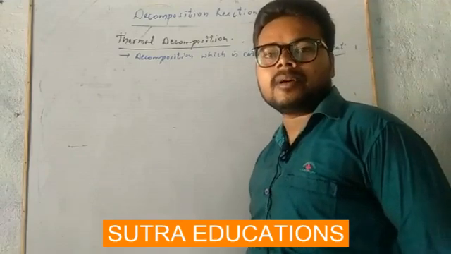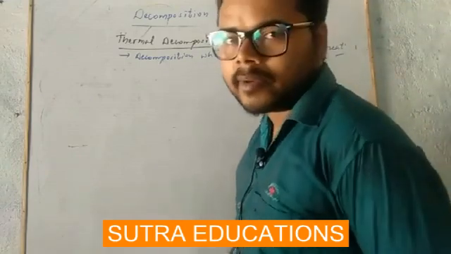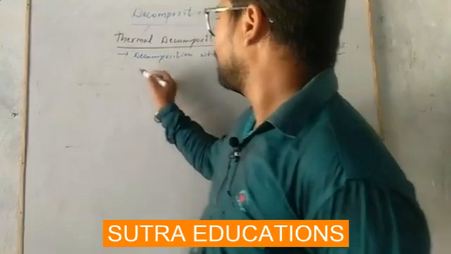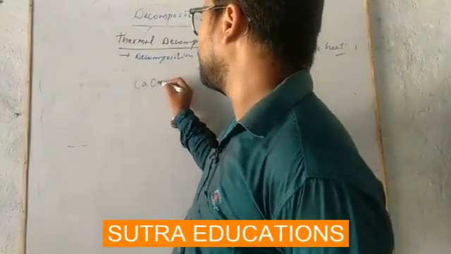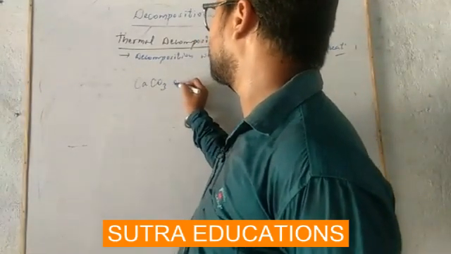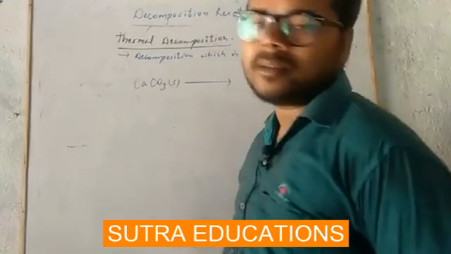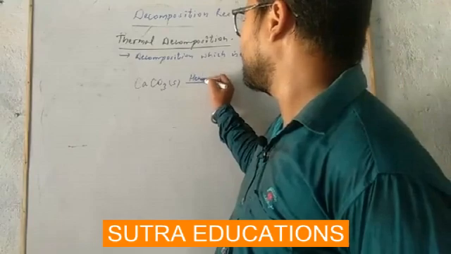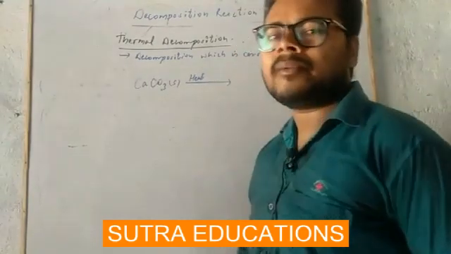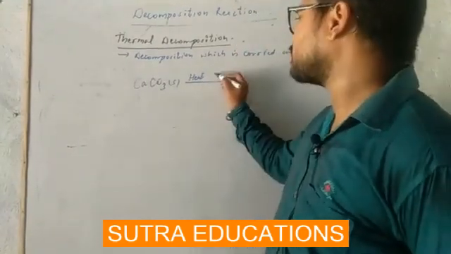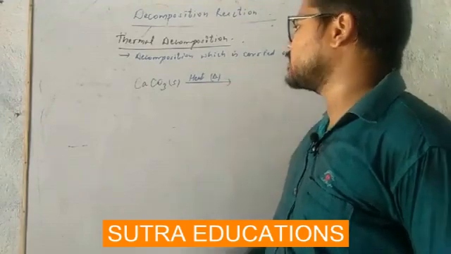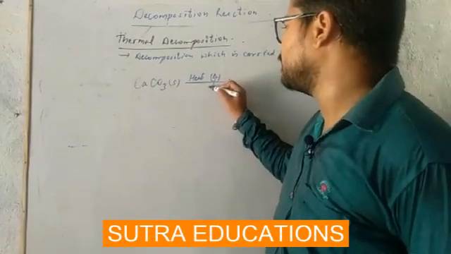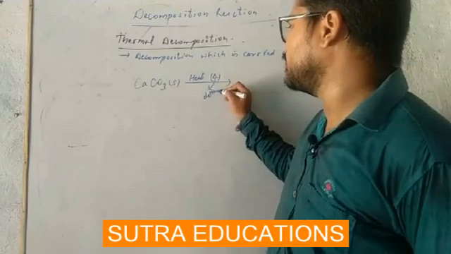Okay, so I am giving you some examples. It is calcium carbonate, CaCO3, very common. It is solid, and when you will heat this, you will write here heat over the arrow, or you can simply put a sign delta. This sign is known as delta. Delta means heat.